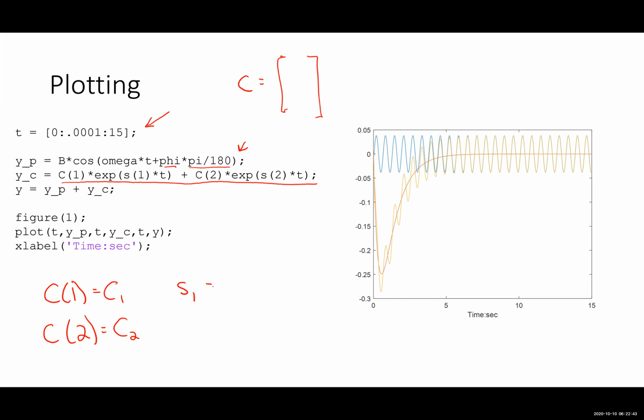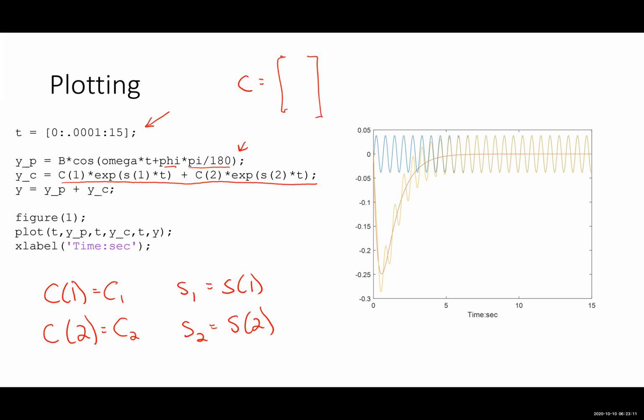And S1, the first root, was the first entry of that S vector I created, and S2 was the second entry of that S vector I created. So notice that code that I wrote there sort of simplifies it a little bit and keeps it in terms of S and C. Again, I like keeping it in terms of those variables rather than hard coding numbers, right? Because then I can see much more clearly what's going on.